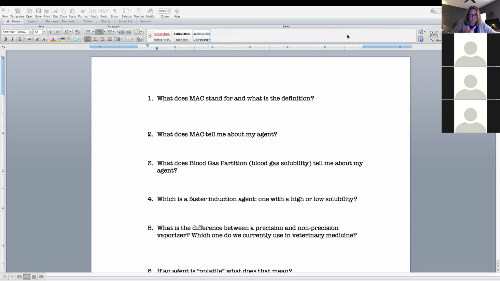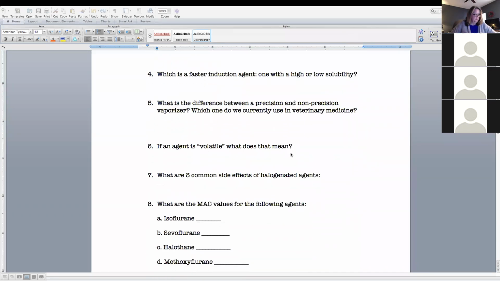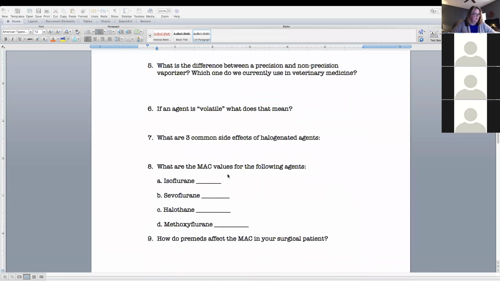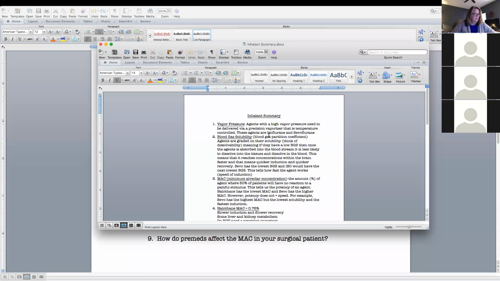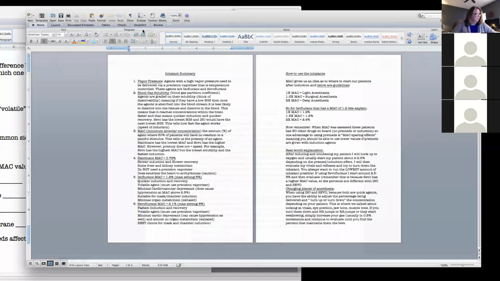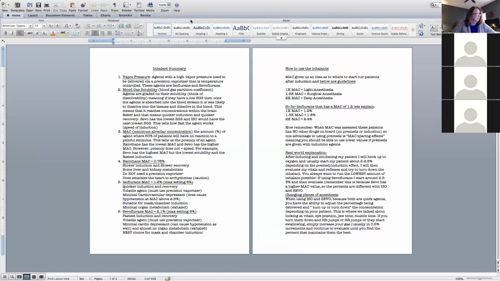MAC values, which I will skip down on this sheet for a second. For number 8, since we're talking about MAC, it says, what are the MAC values for the following agents? And sorry, it should have said for the canine, but that's what I wanted you to know. If you look on this inhalant summary, sorry, let me zoom this in a second.